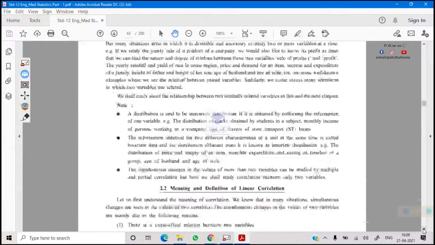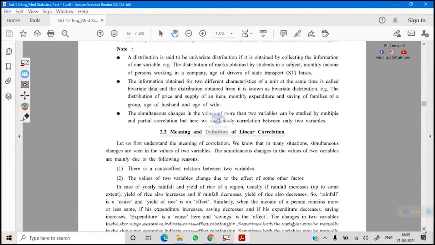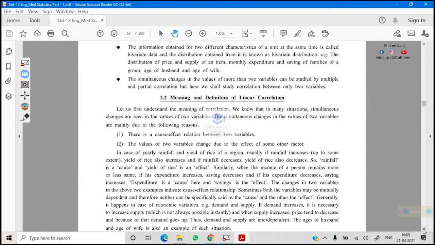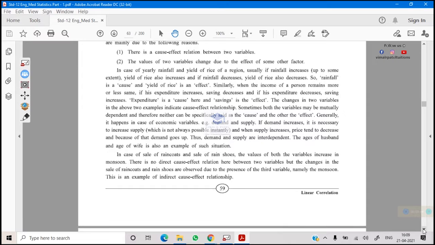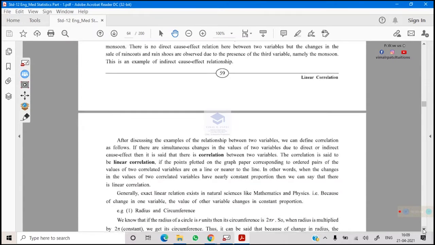So first of all, we must understand what is correlation. Variables are statistical measures, the values of which change frequently. They have quantitative characteristics, and qualitative characteristics are known as attributes.